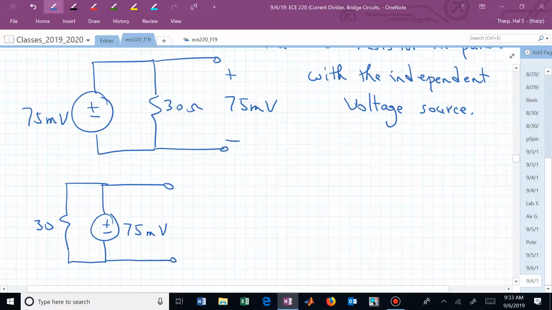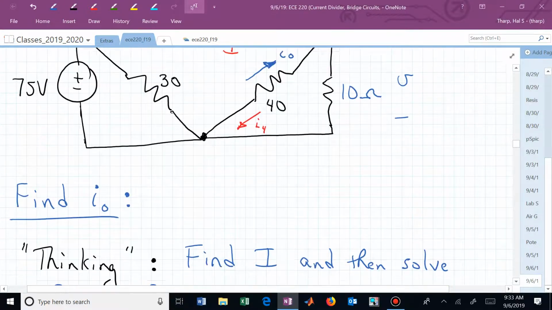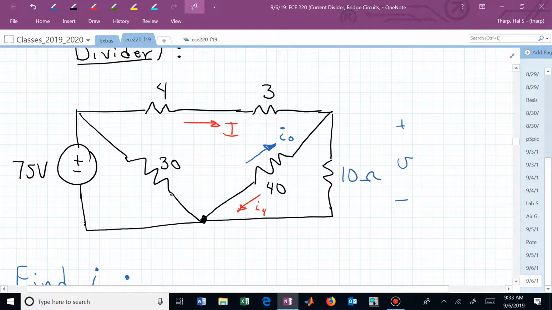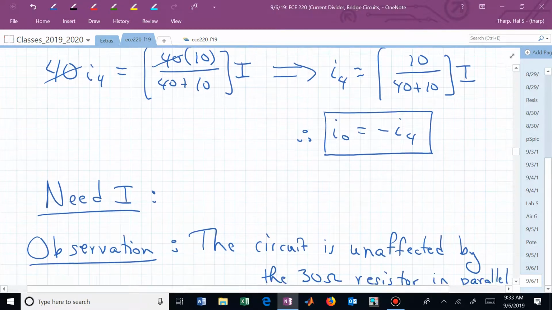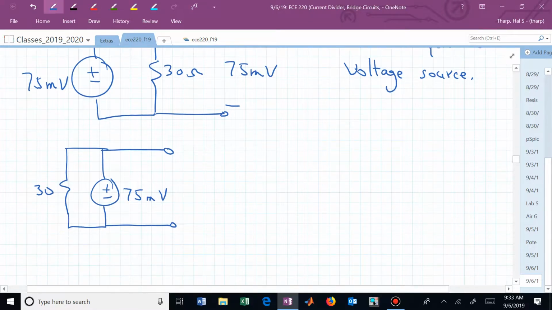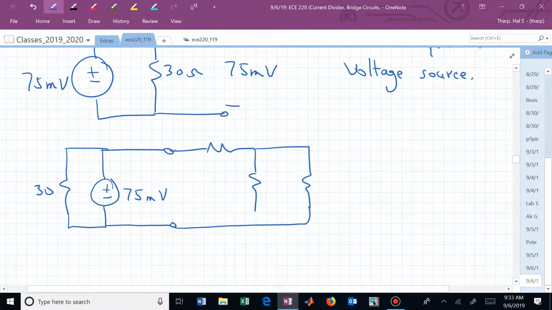And now here are the terminals. And what are attached to those terminals? We had a 4 and a 3 in series. We can combine those easy enough to get 7. And then we have 40 and 10 in parallel.